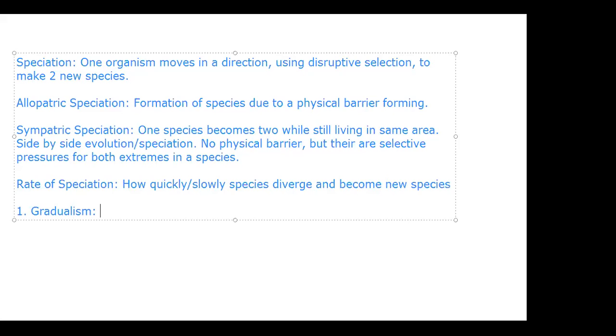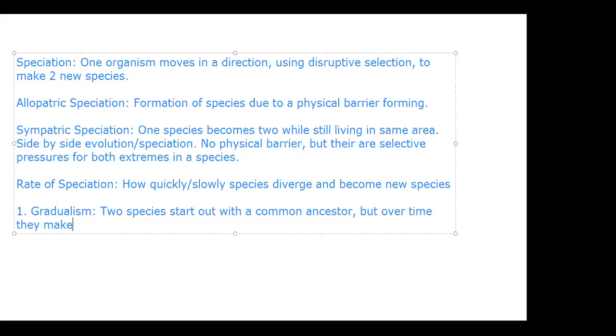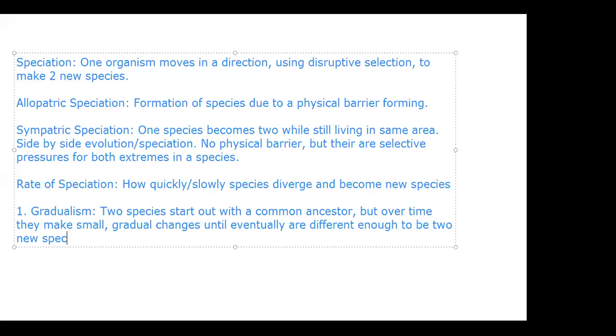Okay, and so this is where two species start out with a common ancestor, but over time they make small gradual changes until eventually they are different enough to be two new species.